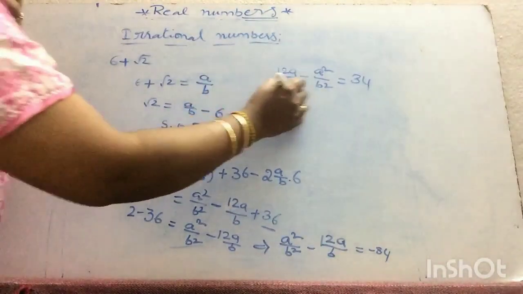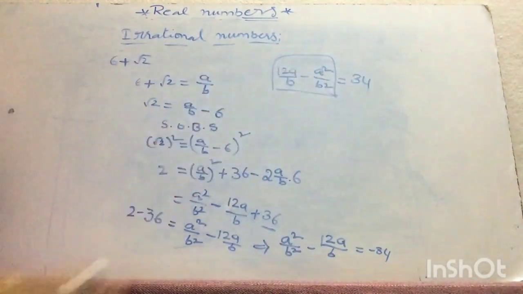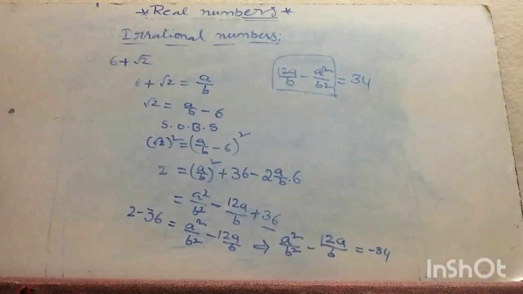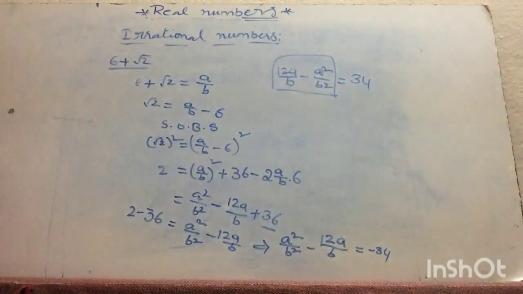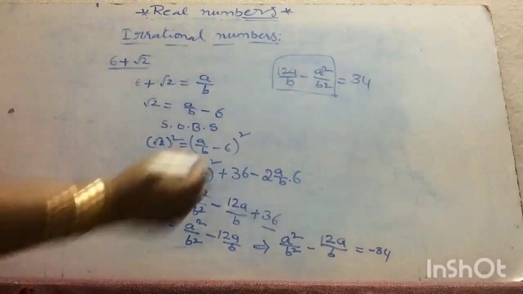So this is not a rational number. We assumed that 6 plus root 2 is rational, but this is not a rational number.